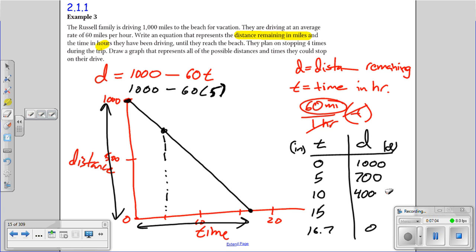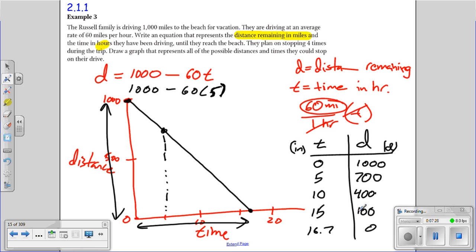So we have 1,000 minus 60 times 15 hours. Notice we have just 100 miles left. So we can kind of see the data here. After 15 hours of driving, we're almost there. Is there a town close by that we could stop, get some more food, whatever the case is. So again, a way to write an equation to get that, so you're not guessing. So that's kind of what we're looking at here for this one.